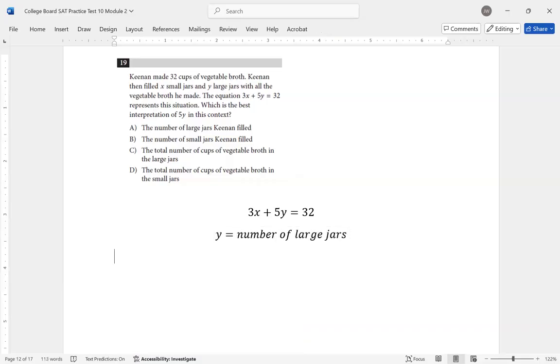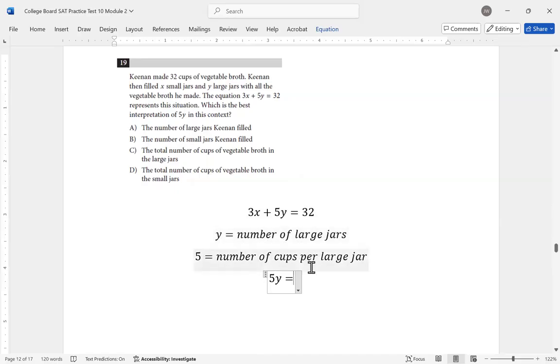And because it has a coefficient of 5, this looks like it's tracking the number of cups of vegetable broth. So it looks like there's 5 cups per large jar. So 5 equals the number of cups per large jar. So what would 5y be? Well, 5y, we take the number of cups per large jar times the number of large jars.